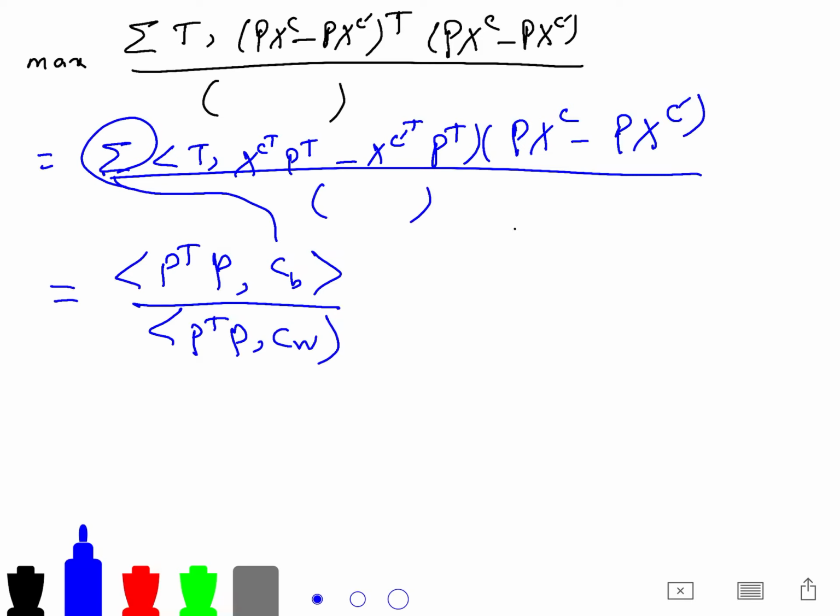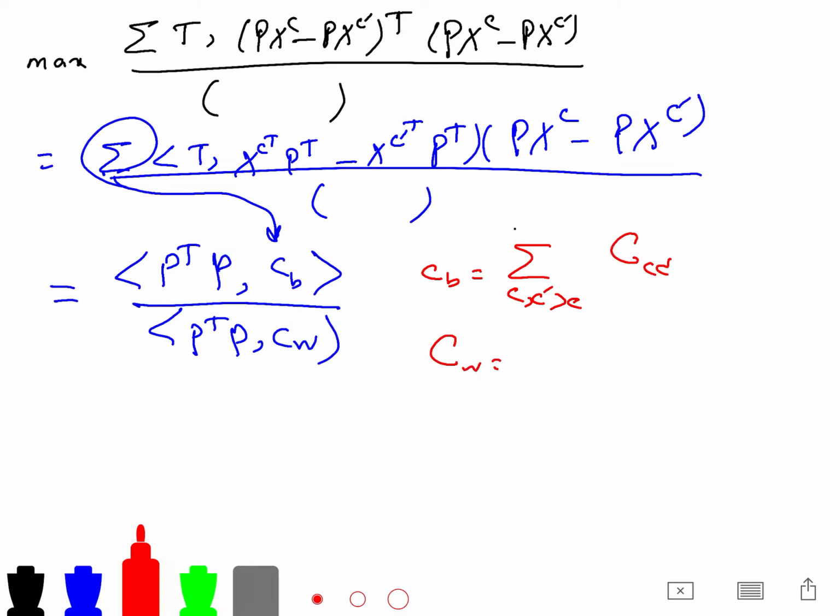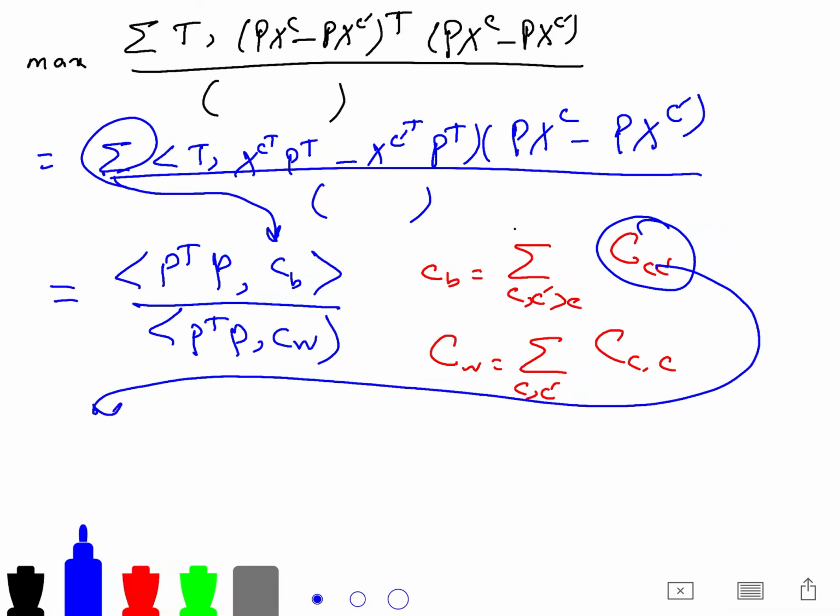But so this sum goes into these CB and CW. So you know that CB is C of c and c prime, and CW is the sum of c and c. So c and c prime, which is the general one, if you know this, then the rest of that is just a special case.